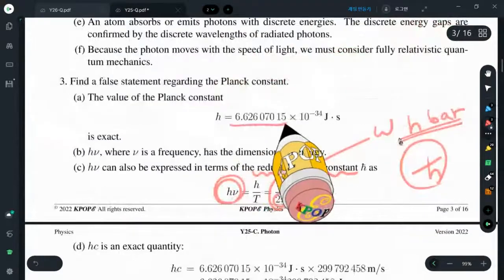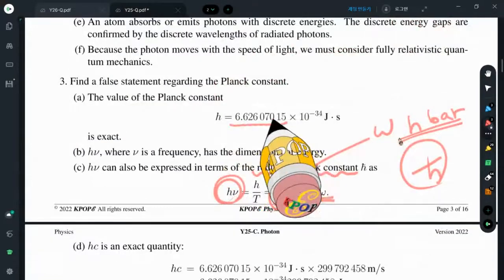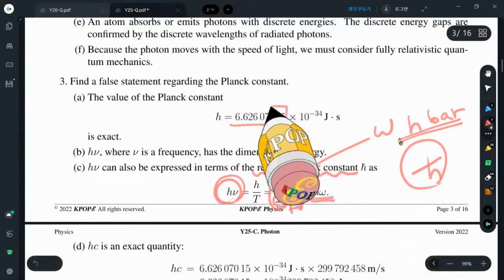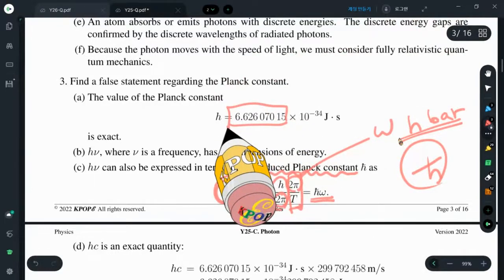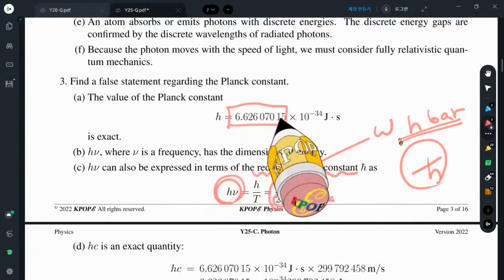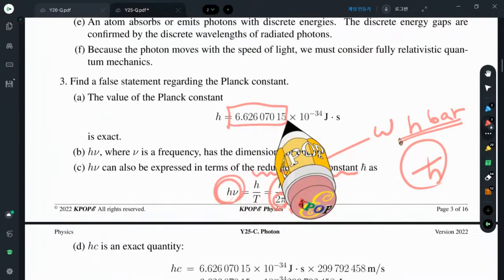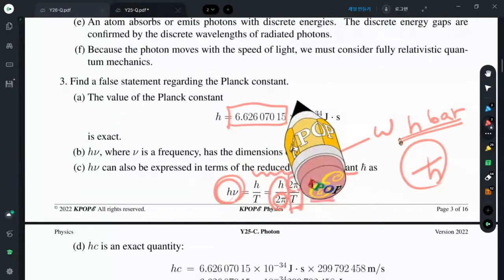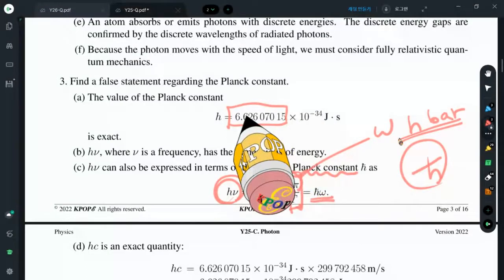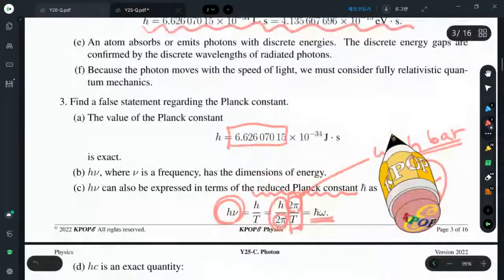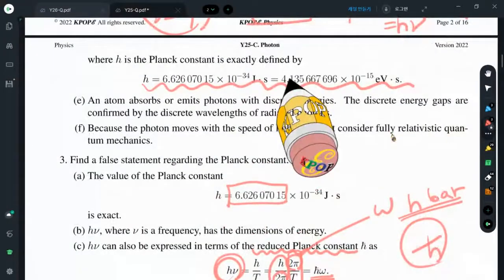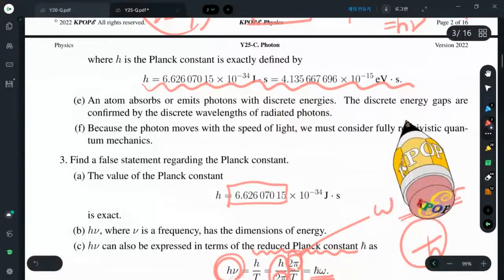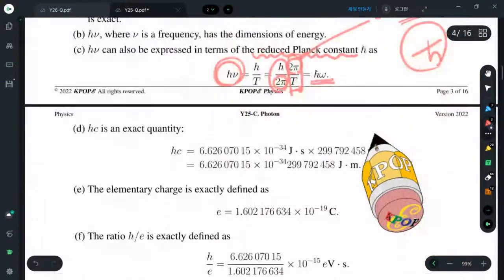This h is now determined to be exact. We decided to use an exact number. This is a fundamental constant that determines the energy scale of a photon with its wavelength.